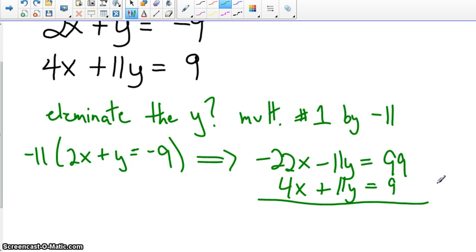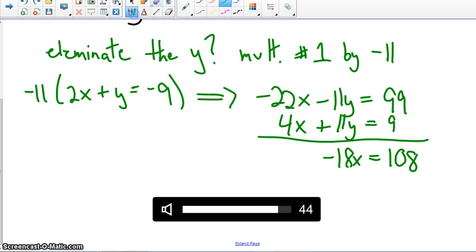I can add those together. What I get is, this is going to be 0 here. This is going to be negative 18x equals 99 plus 9 would be 108.